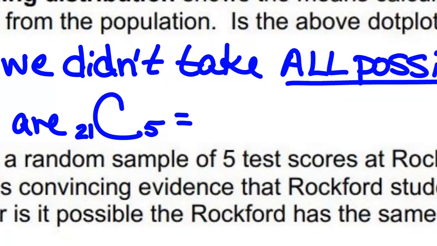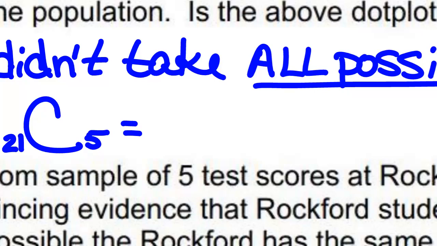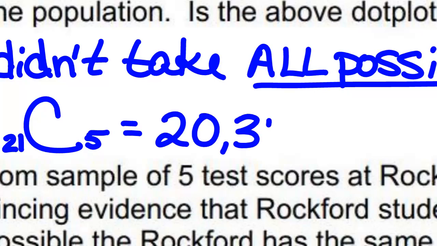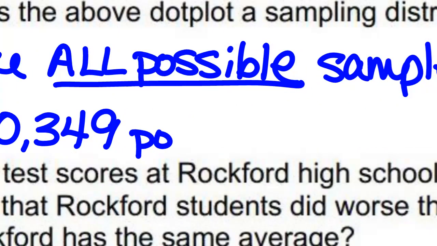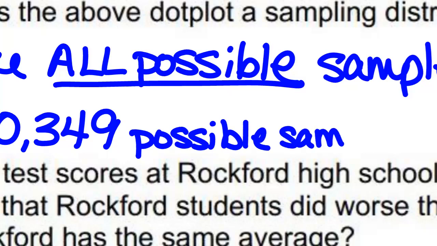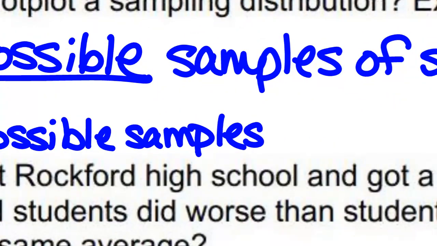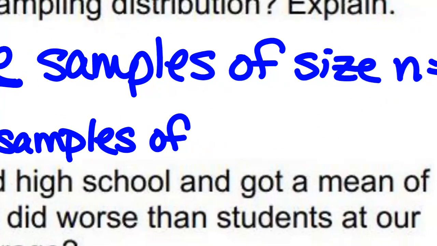How many possible samples of size 5 are there? 20,349 possible samples. Do you see why we didn't find them all? Yeah, that would have us here all day.